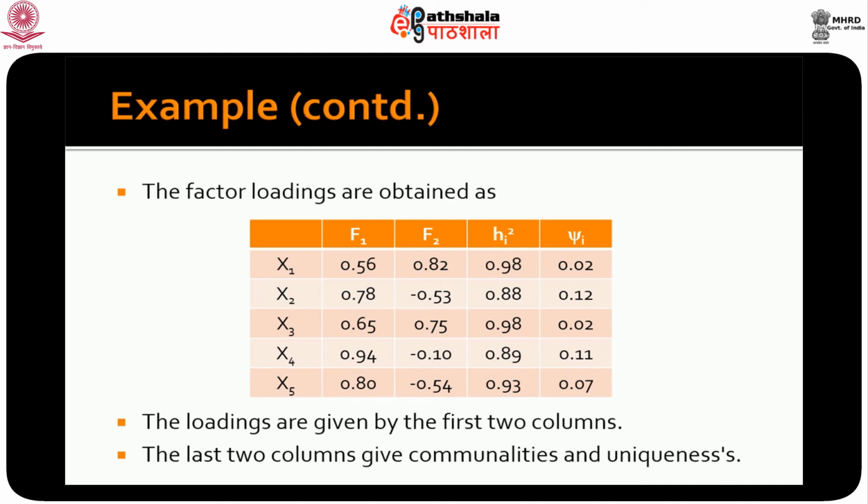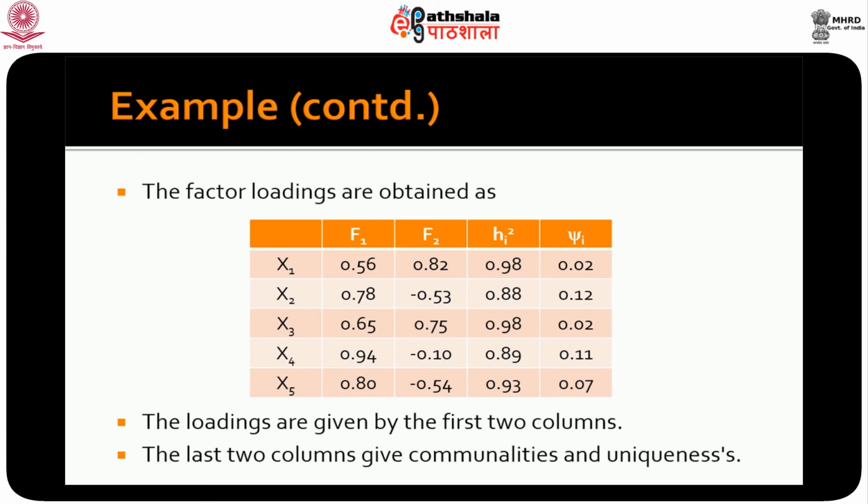So we can write x1 as equal to 0.56 f1 plus 0.82 f2. Similarly, the second variable x2, which is good buy for money, can be written as 0.78 f1 minus 0.53 f2. So this way we can write all the 5 variables in terms of the first 2 factors.